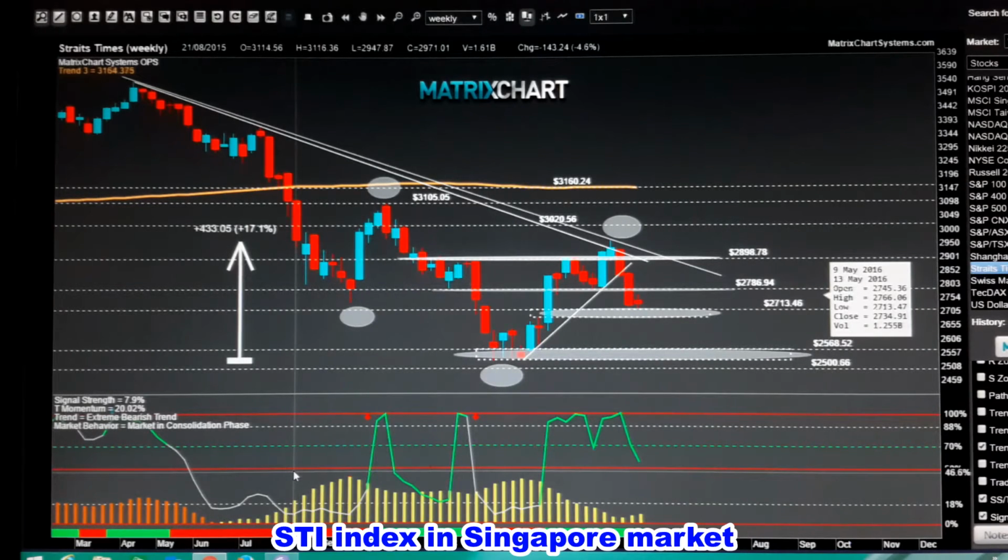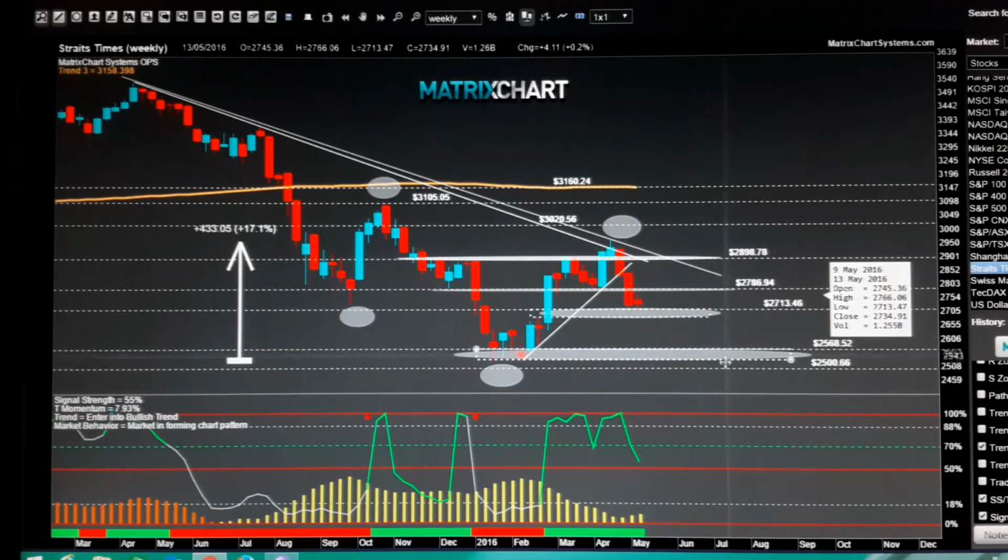So if you are investing in blue chips, growth stocks or REITs, wait for the price action to come to the 2500 to 2568 level. From the analyzer, you can see weakness has shown in the signal strength line.